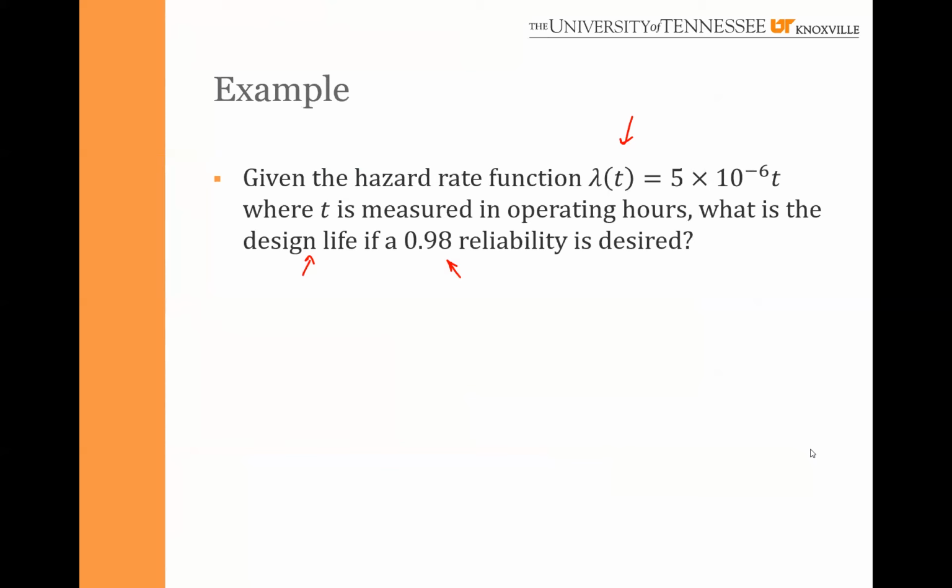So this is your lambda. Typically, for design life, we want the lambda function.